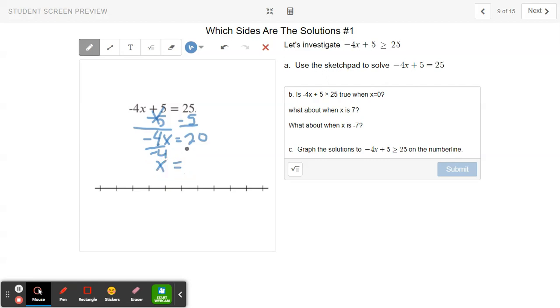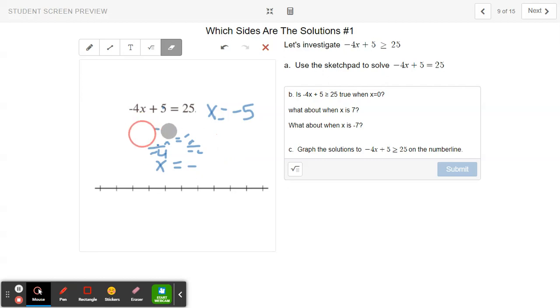And 20 divided by negative 4 is negative 5, because we divide the numbers, and then we're dividing a positive by a negative, so it's got to be a negative. So x equals negative 5 actually makes this true. I'm going to write this over here and erase because I think we're going to need that room.